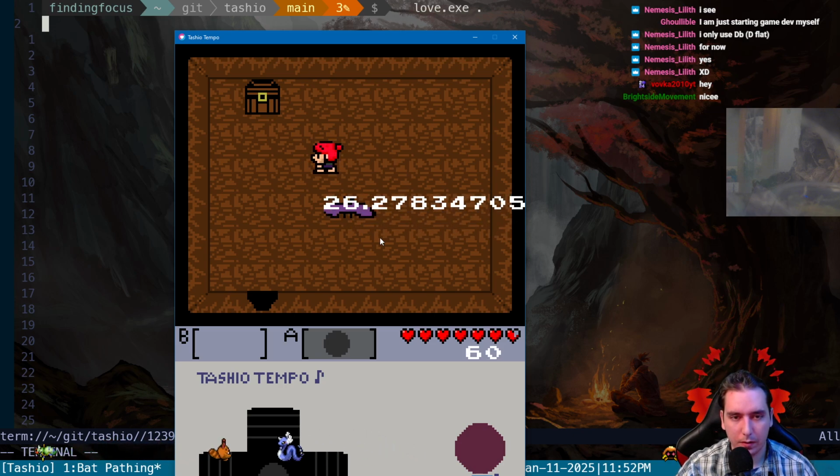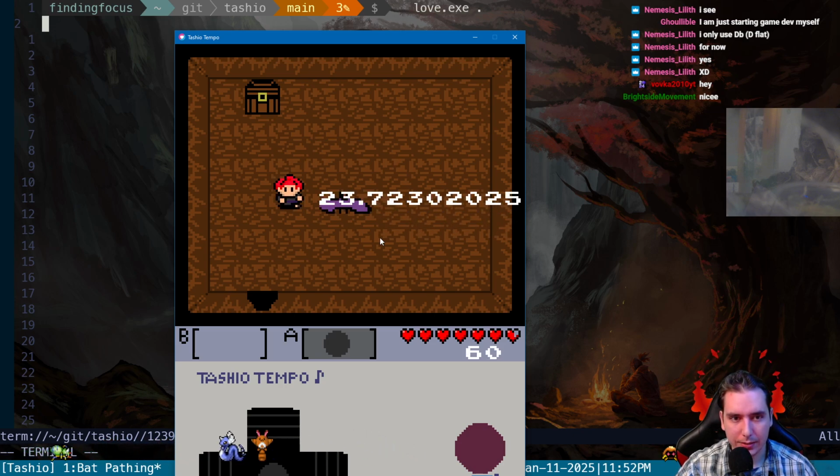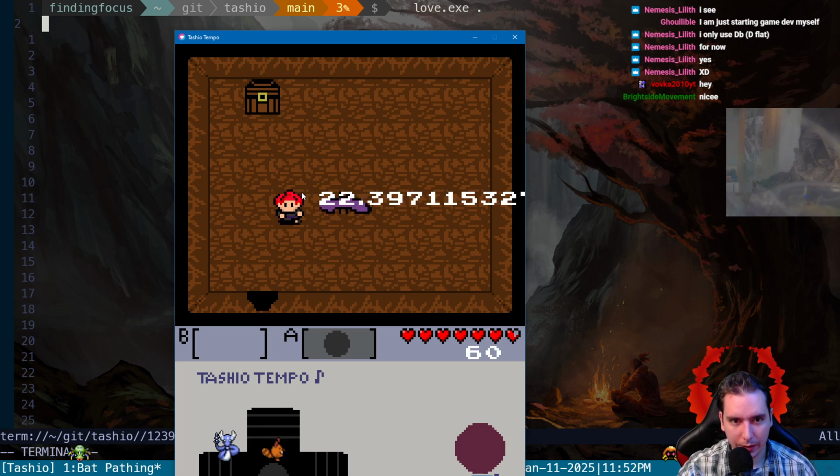So if our X is less than the bat's X, then the distance to player is going to be the right side of our player and the left side of our bat, and whatever that pixel is. Not the difference between the top left position of both of our things, but the difference between the space in between us.